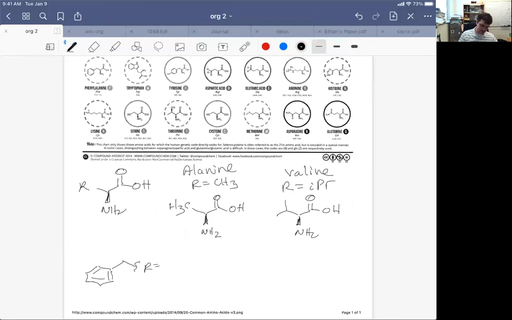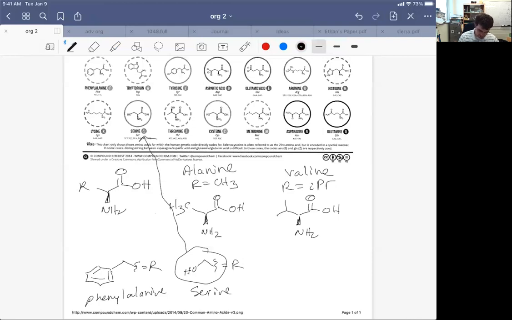It's a benzene ring with a CH2 attached to it, so there's our R group, and that would give phenylalanine. And then my favorite one of all is serine, which has a CH2 to an OH, so there's serine, and you can see the structure for serine right here.